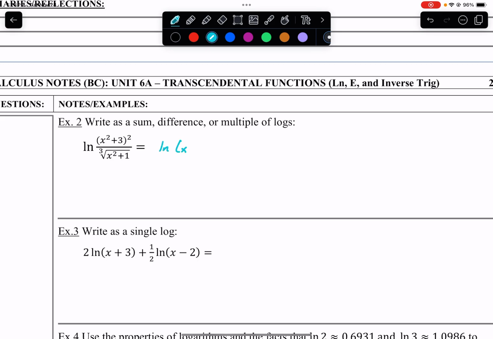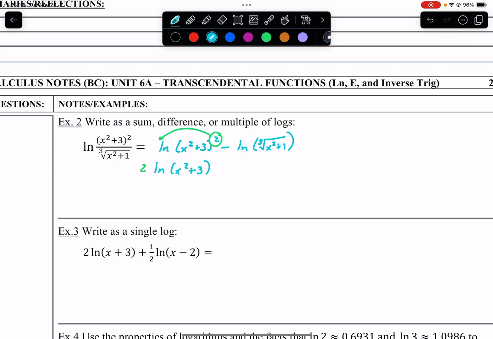So I can write this as natural log of x squared plus 3 squared, minus the natural log of cubed root, let me get that 3 in there, x squared plus 1. Now remember that I can also take that 2 and move that to the front. So I'm going to write 2 natural log of x squared plus 3.